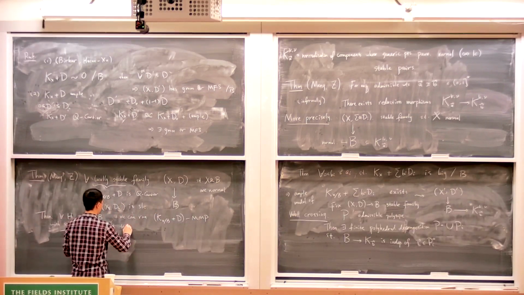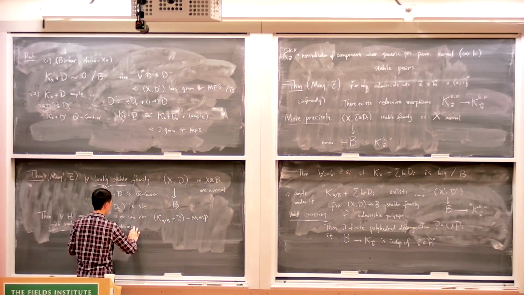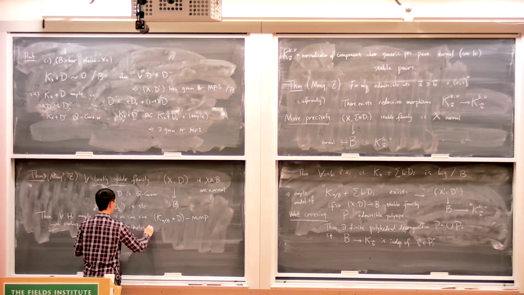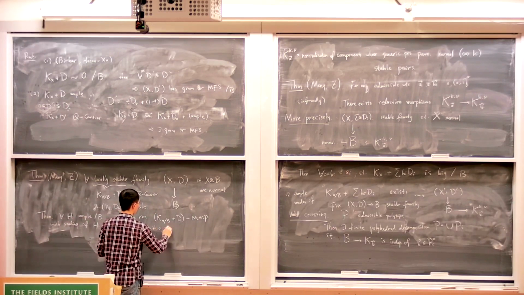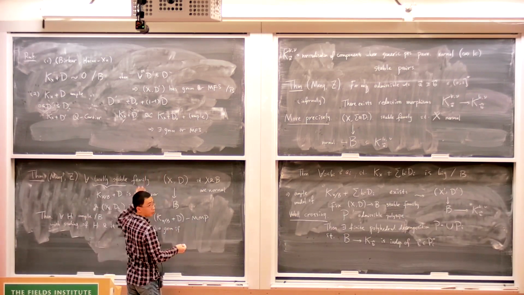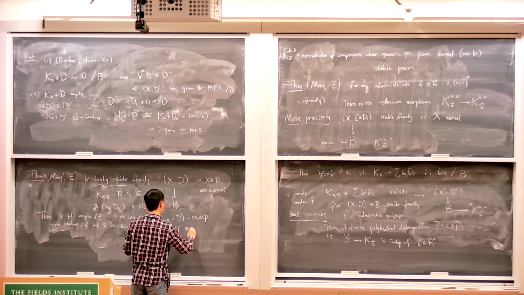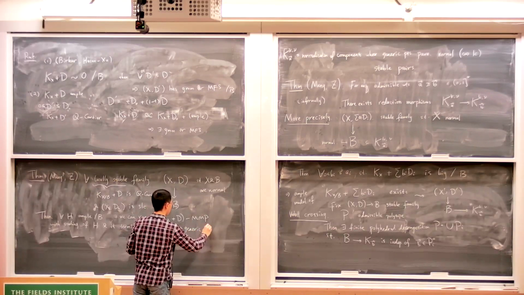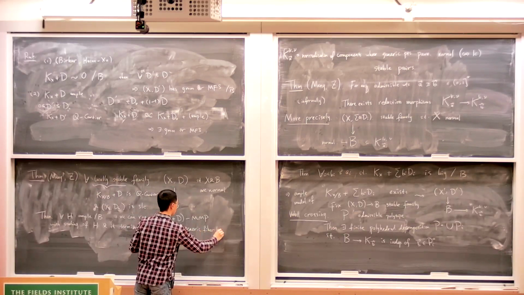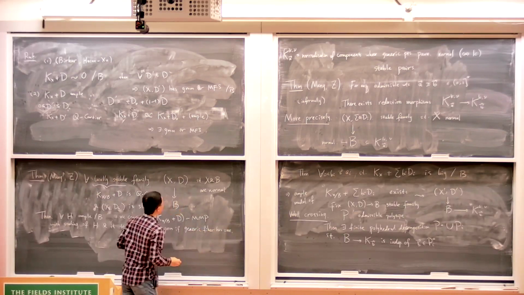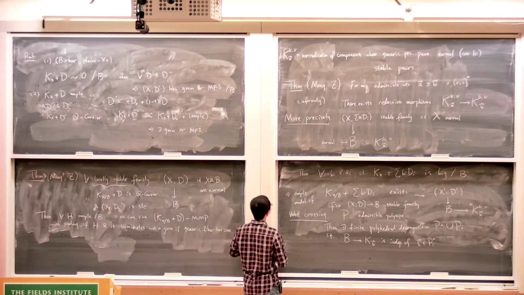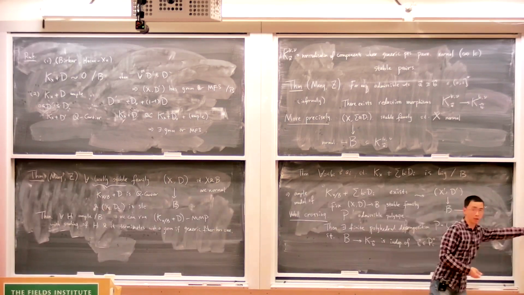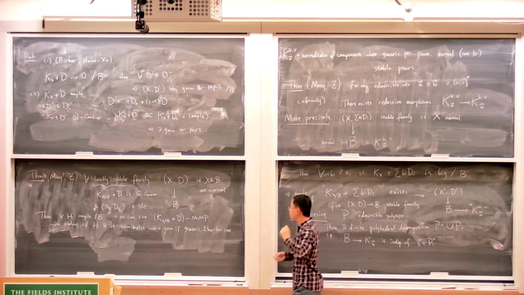And of course, just as usual, it terminates with a good minimum model if the generic fiber has a good minimum model. And of course, generically, this is log-canonical, so I can use the ones that are already there.